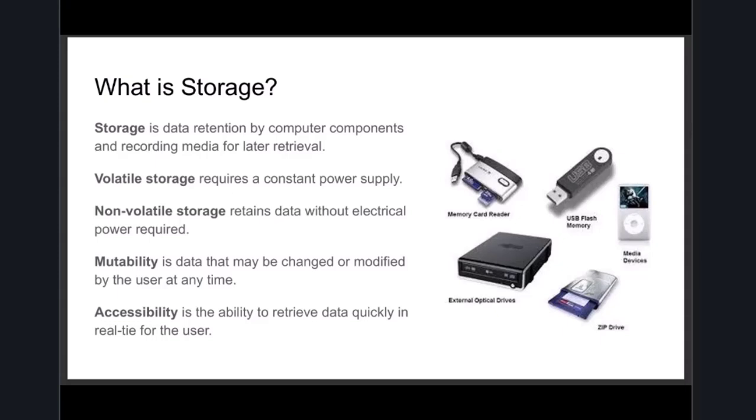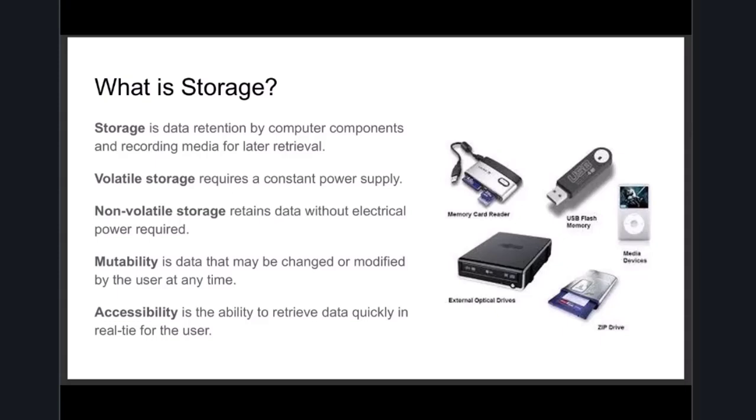In order to access your computer's memory, it must be turned and powered on. Non-volatile storage is when we can retain data without the need for electrical power. This can come in the form of USB flash drives, storage disks, or standalone hard disk or solid state drives.